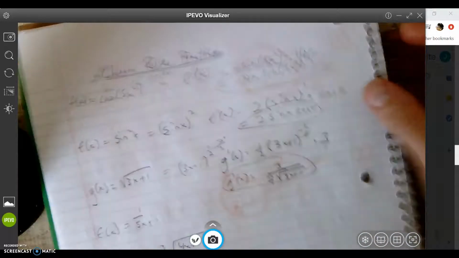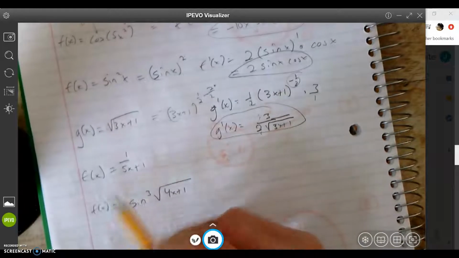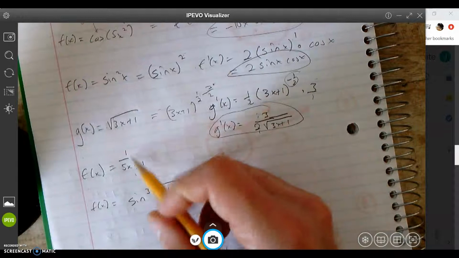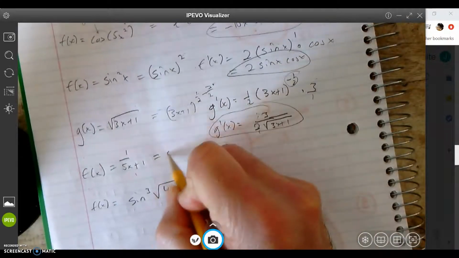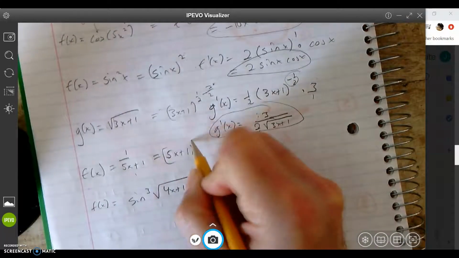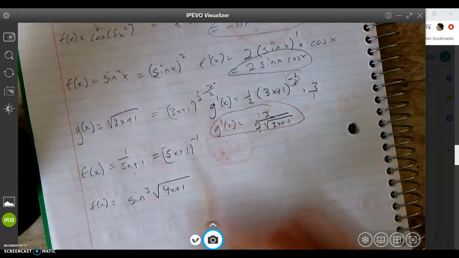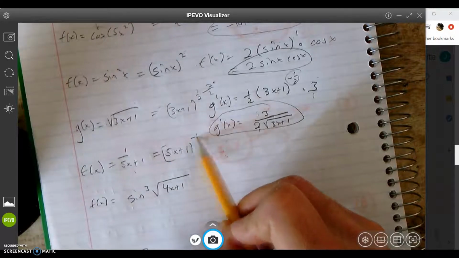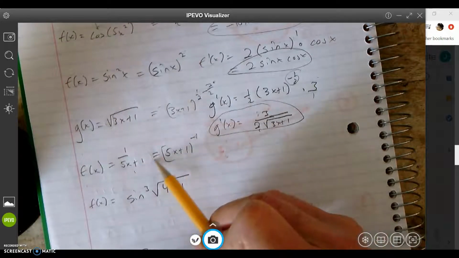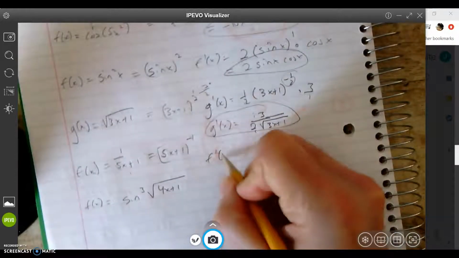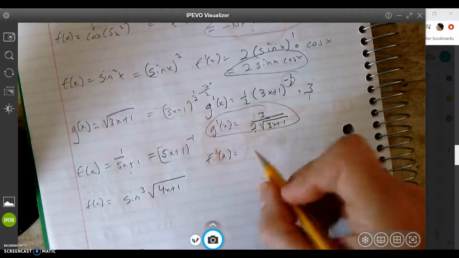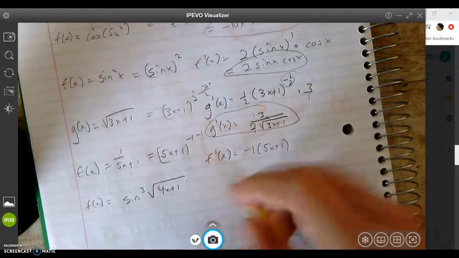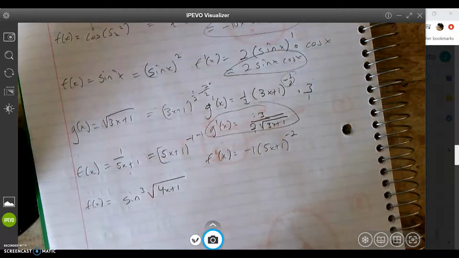Let's see. Oh yeah. Let's try the next one. F of x equals 1 over 5x plus 1. So this looks kind of weird, but if you rewrite it, it's actually pretty straightforward as far as a chain rule composite function. So 5x plus 1 right here to the negative 1. So the outside is negative 1 times this. So the derivative is negative 1 on the outside, 5x plus 1, keep the inside, minus 1 from your exponent, so it's minus 2.